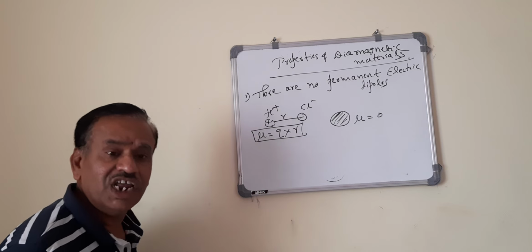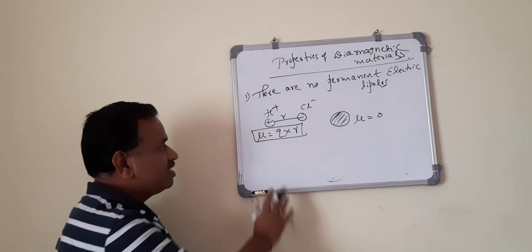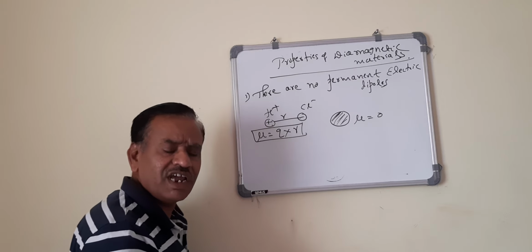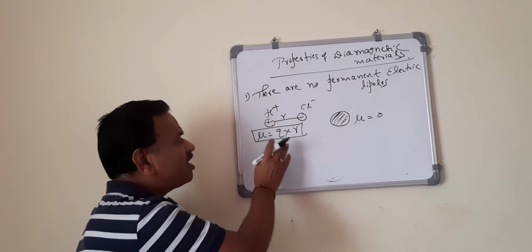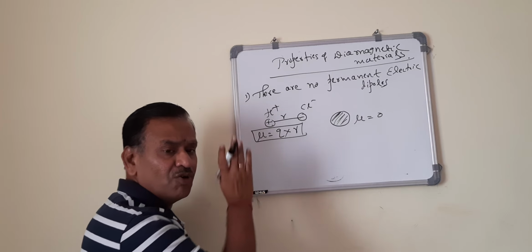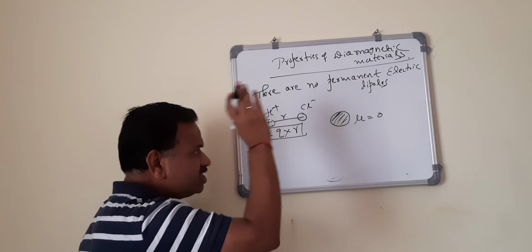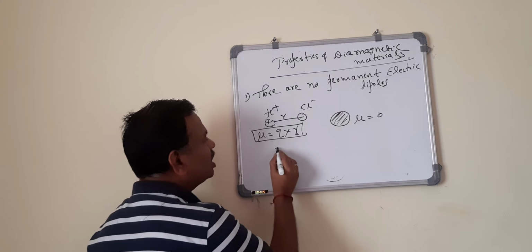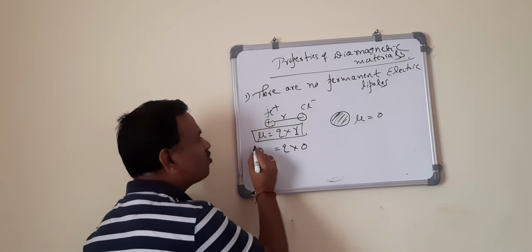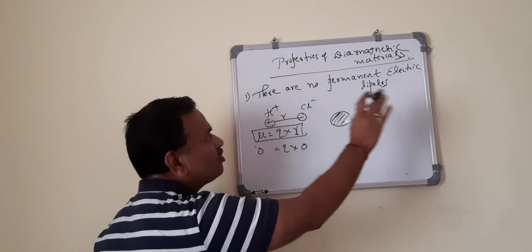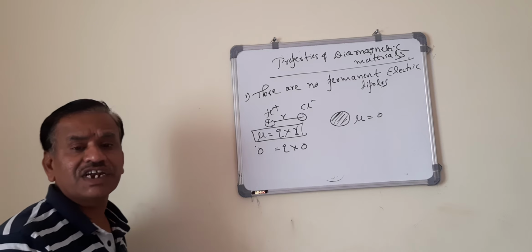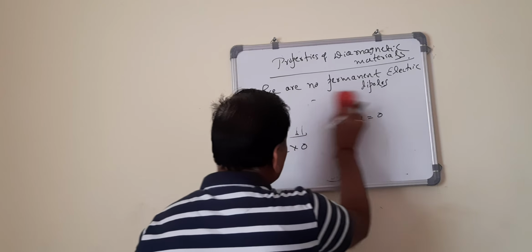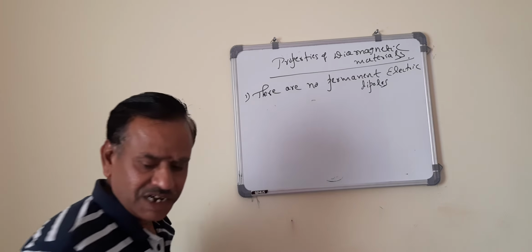This dipole moment exists in many molecules, paramagnetic, ferromagnetic and all that, which have a permanent electric dipole moment. But in the case of dielectric, this distance factor is zero, so Q into 0 equals 0. That's why there are no permanent electric dipoles in diamagnetic material.